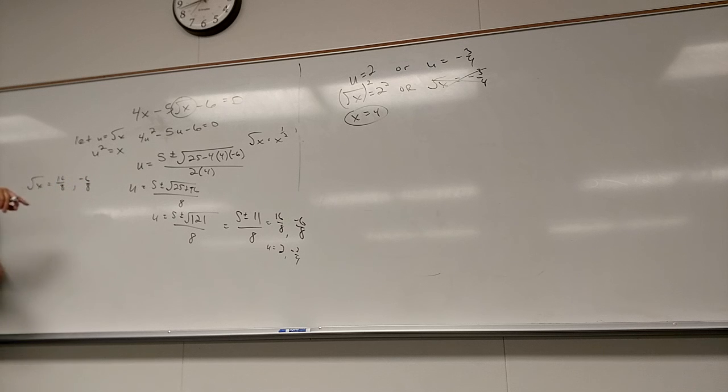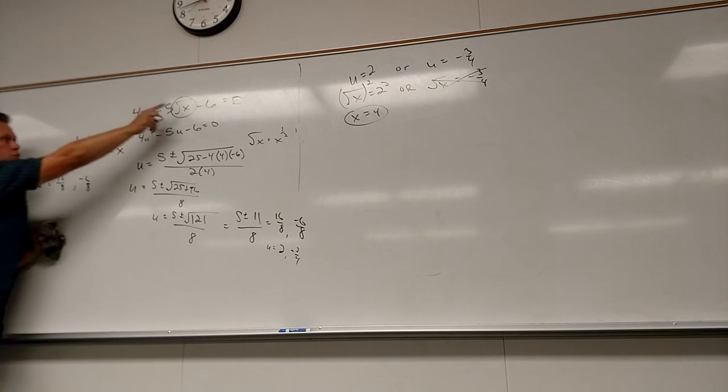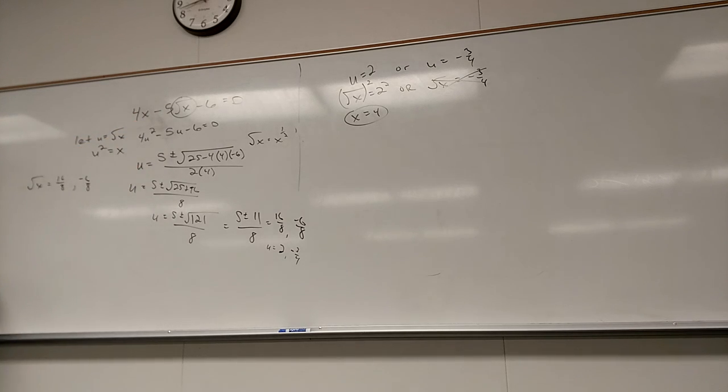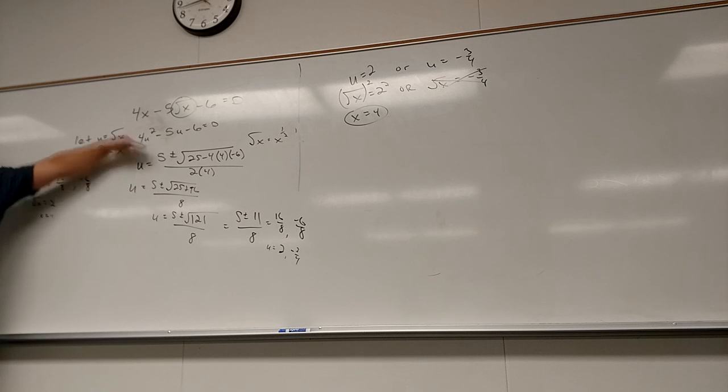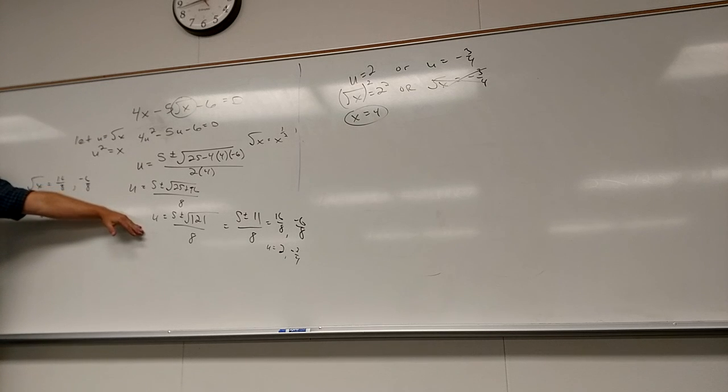And then I would know when I get the square root of x equals 2, I would still get 4. I don't have to bring u in. U is just a way to make the problem look more like what I'm used to. It's just a middleman to make the problem easier to look at.